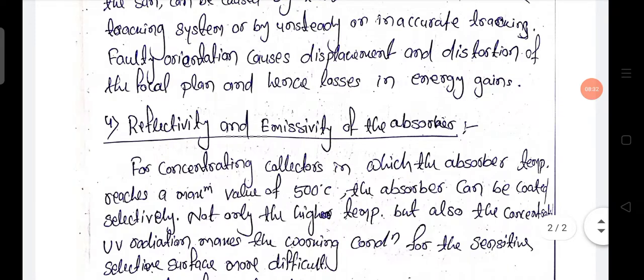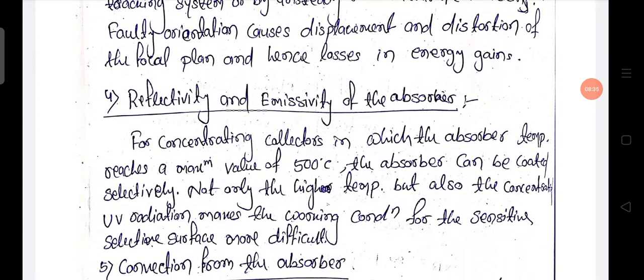And the fourth one is reflectivity or emissivity of the absorber. Here in the concentrating collector, the temperature goes to a maximum value of 500 degrees Celsius, and the absorber is also coated with a selective coating. Not only the high temperature, but also the considerable UV radiation makes the working condition of the sensitive selective surface more difficult.